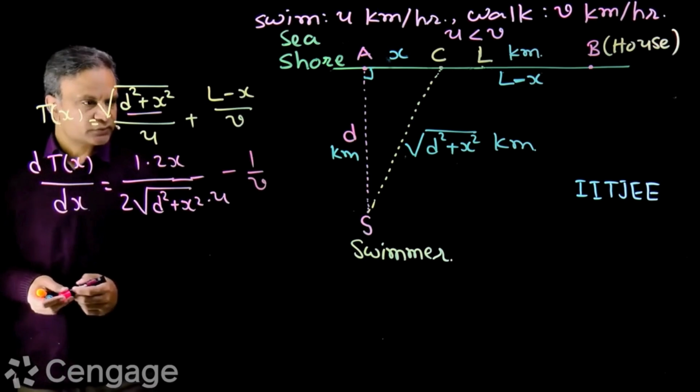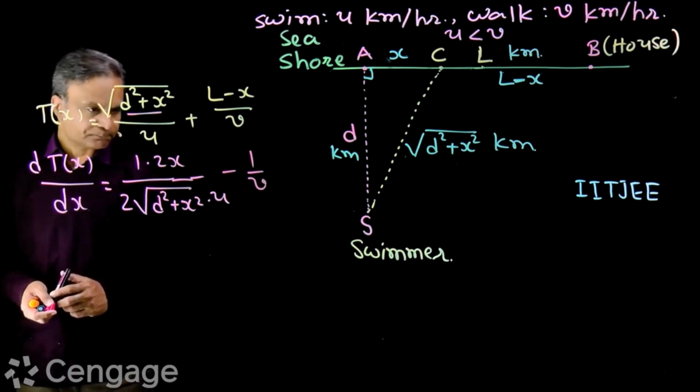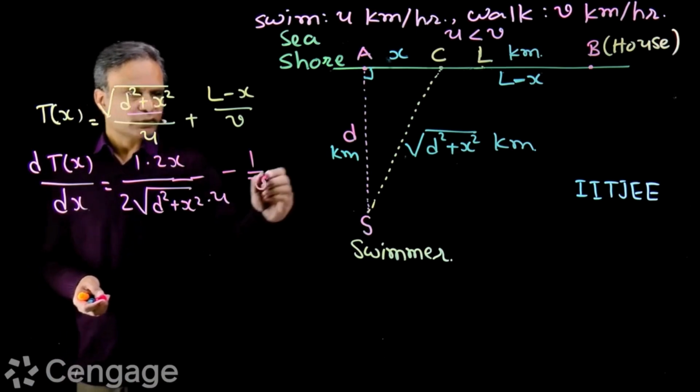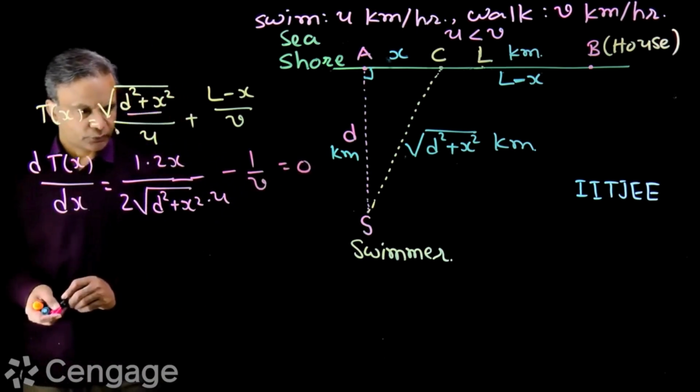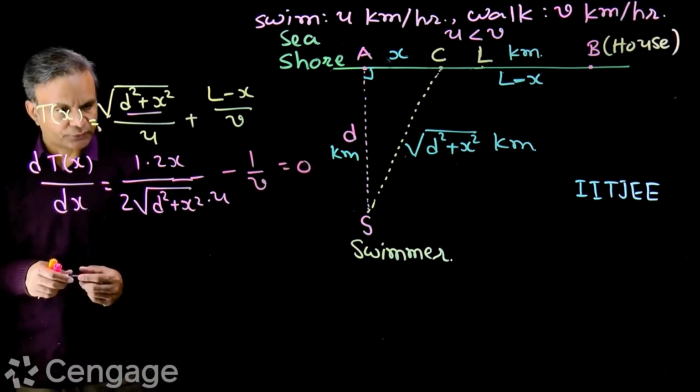Derivative of this is minus 1 upon v, okay. And for point of minima, we compare derivative to 0, okay. From this we will get value of x.